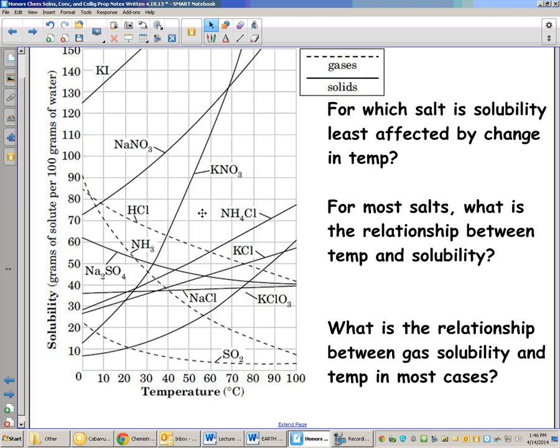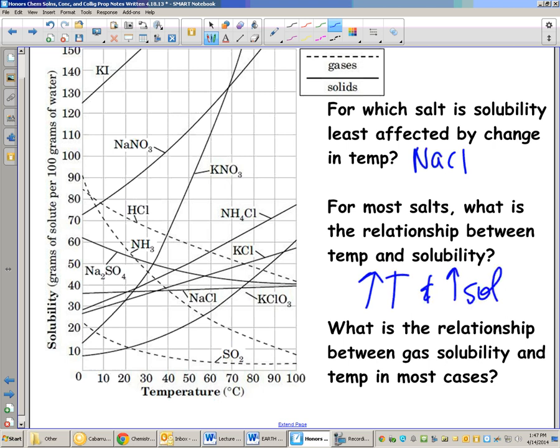Are you sure? I think it's KCl. It looks like it's pointing at the same line, but it's not. It's correct. Keep going. A lot of you guys are getting these right.